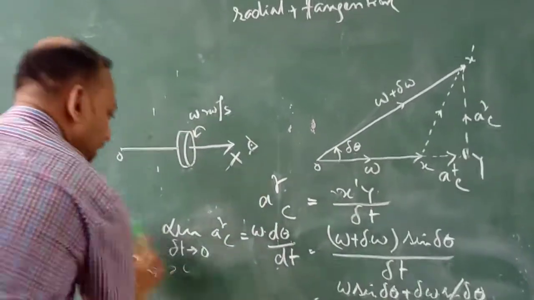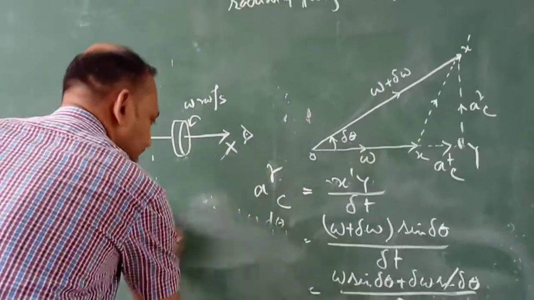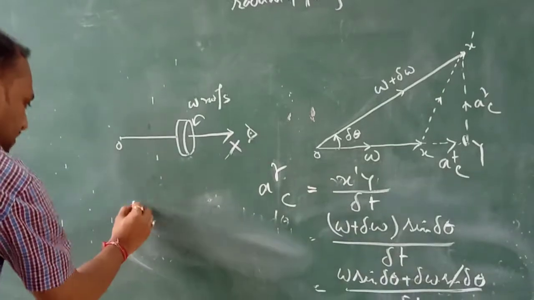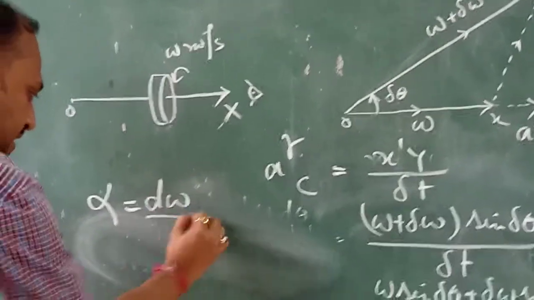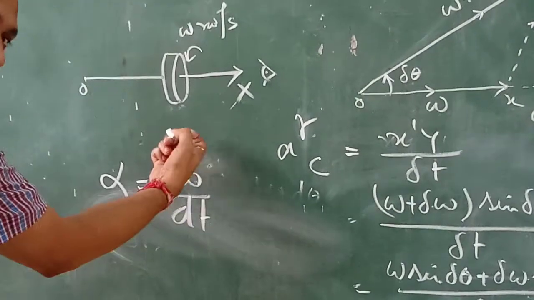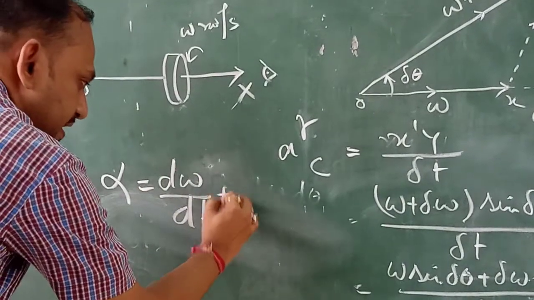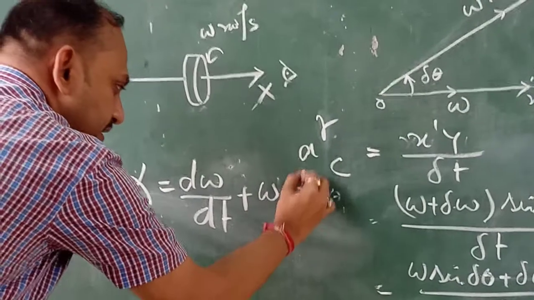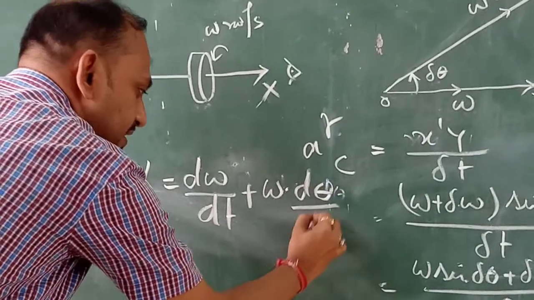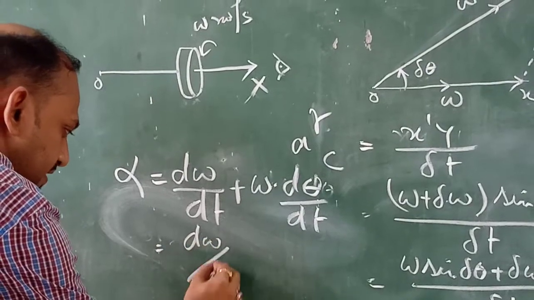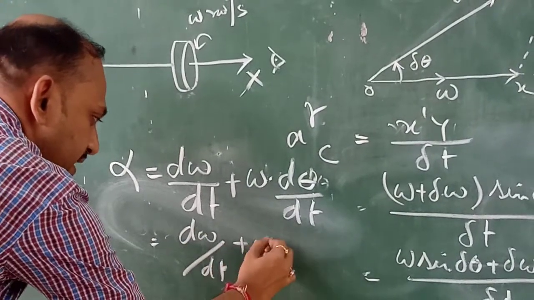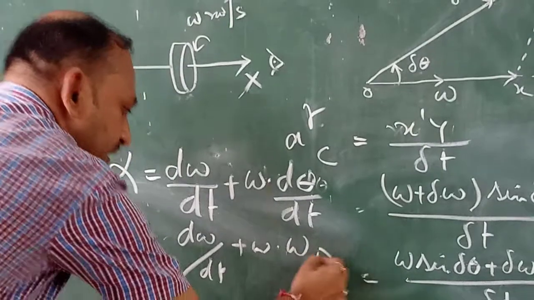So if we say what is the total acceleration alpha, that is equal to d omega dt plus omega into d theta dt, or we can say d omega dt plus omega into omega p.